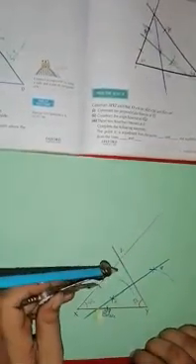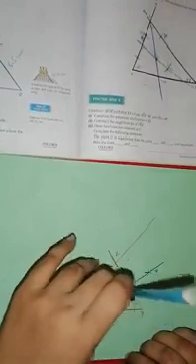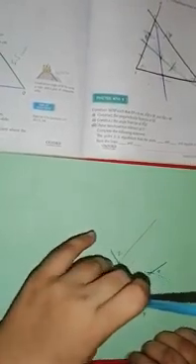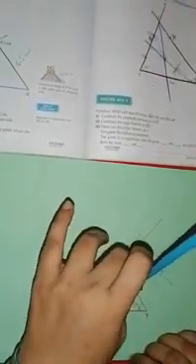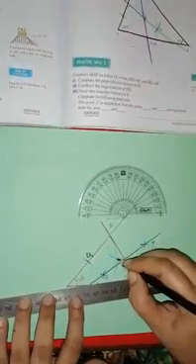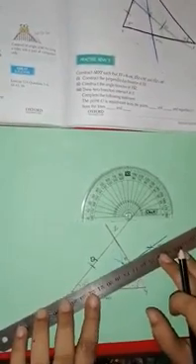With the center Q, with the same radius, cut the previous arc. Now see here, the point where they cut, let this be point O. Now let's join this O and X.